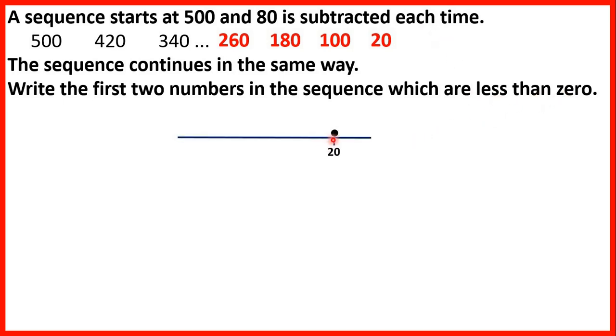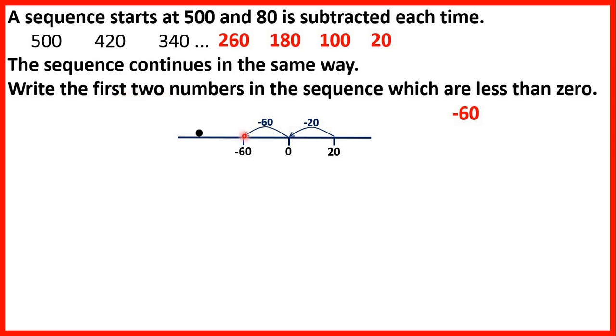From 20, on a number line, we can subtract 20 to get to 0, but if we want to subtract 80 altogether, we need to subtract another 60, because subtracting 20 and then 60 means that we've subtracted 80 altogether, and 0 minus 60 is minus 60, so that's the next number in the sequence, but we want the first two numbers.